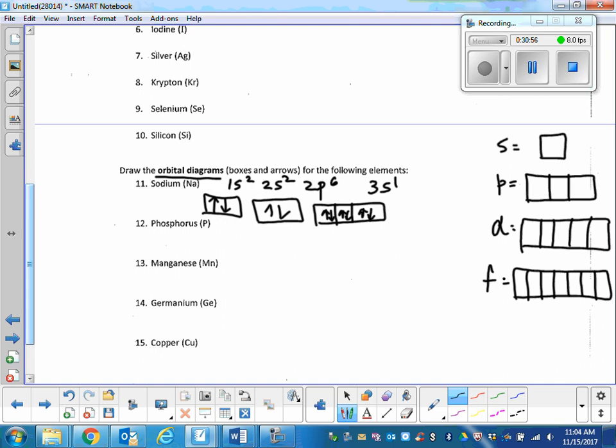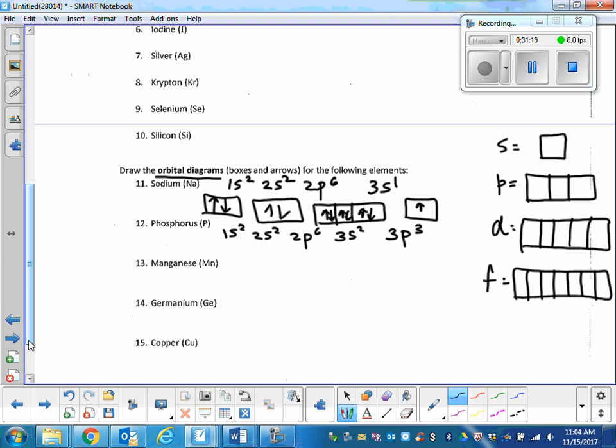Alright? And then we'll come to 3s, which is 1. So let's do phosphorus. The electron configuration for phosphorus is 1s2, 2s2, 2p6, 3s2, 3p3.